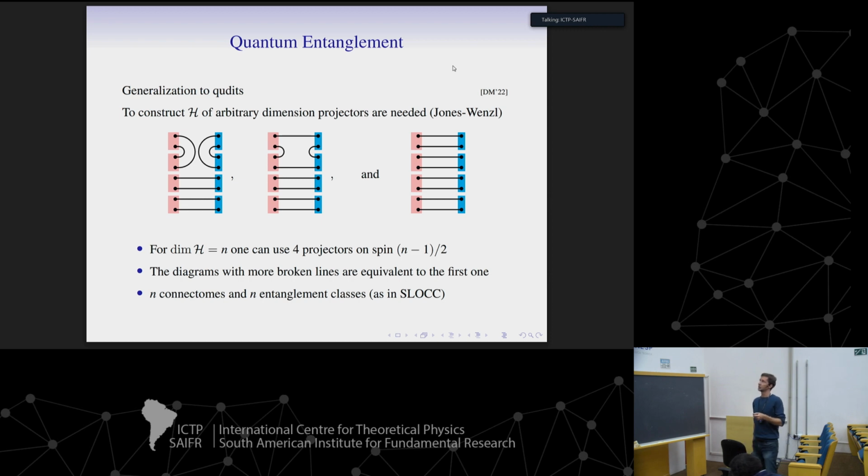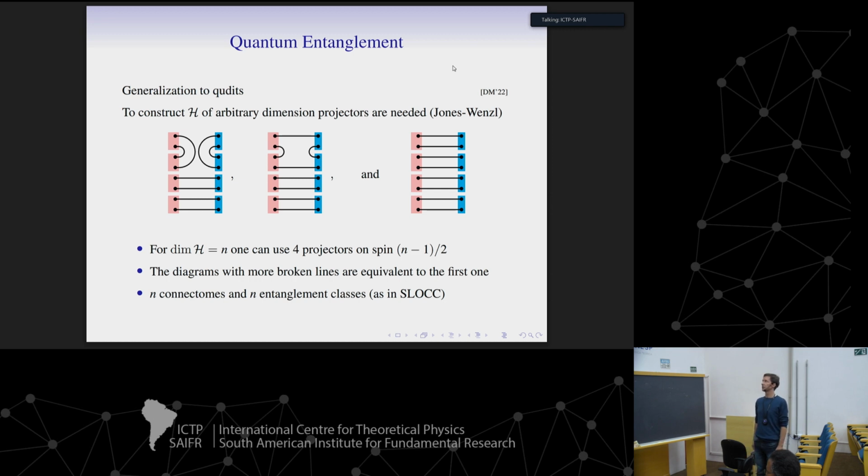So these projectors are basically projecting on the maximal spin in the tensor product of spins 1/2. In this way, you can also reproduce the classification for any bipartition of a system of spins 1/2.